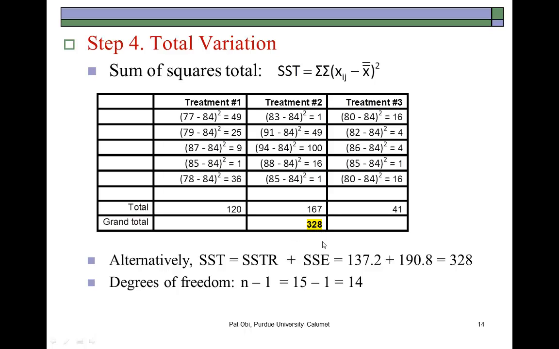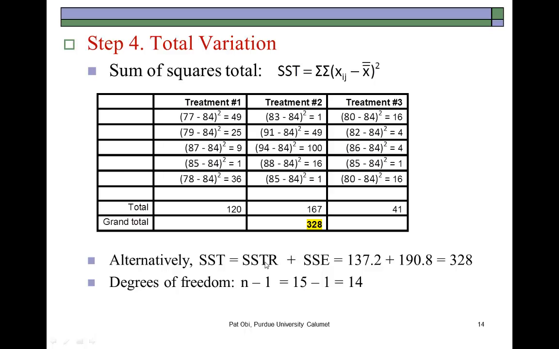Now then, in the case of a single factor ANOVA where we are evaluating just one particular factor, in this example, fertilizer treatment, we can also obtain sum of squares total, SST, by summing sum of squares treatment and sum of squares error, which we already have calculated.